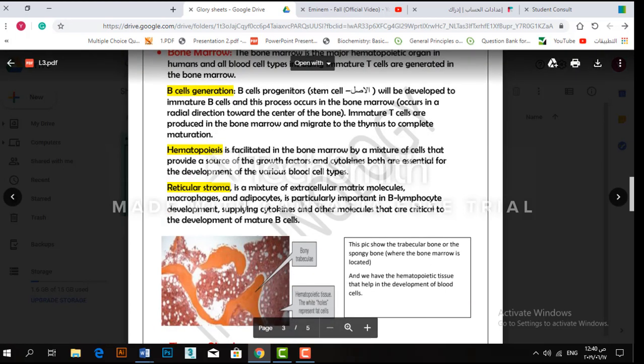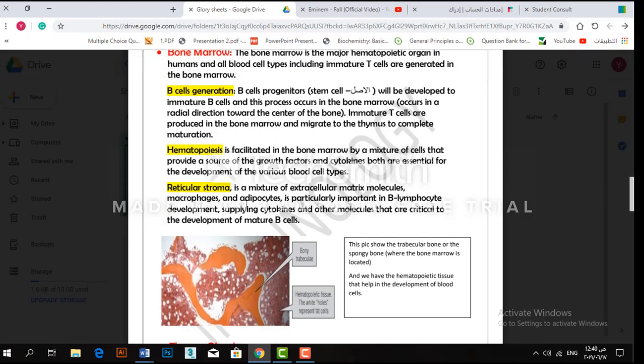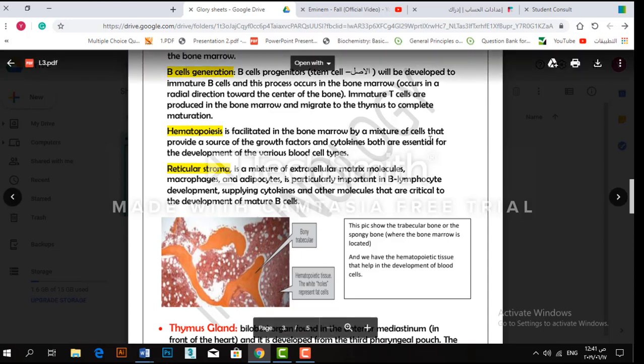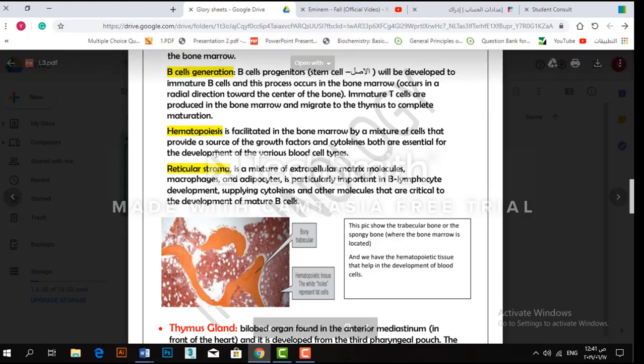Now, we have a process that we are familiar with, which is hematopoiesis. Hematopoiesis is facilitated in the bone marrow by a mixture of cells that provide a source of growth factors and cytokines. Both are essential for the development of various blood cell types. Now, what we mean by hematopoiesis is that we are producing blood cells.